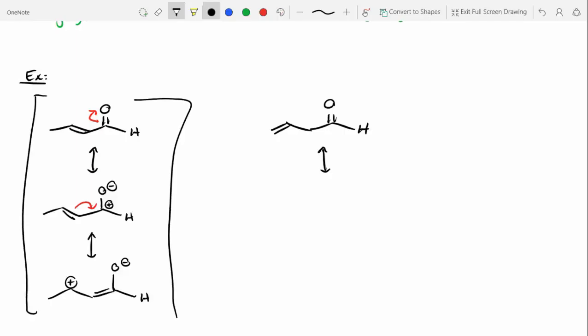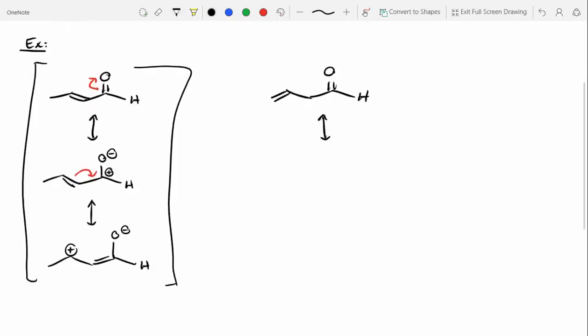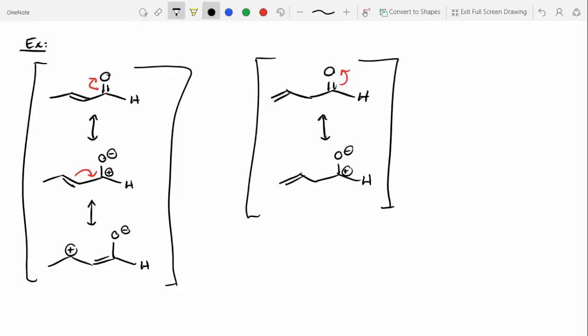Do we have any resonance structures for the one on the right? Yeah. We can take this pi bond up, and we can have a negative charge right there. All right, now an IR related question. Which one of these CO double bonds will show up at a higher frequency?